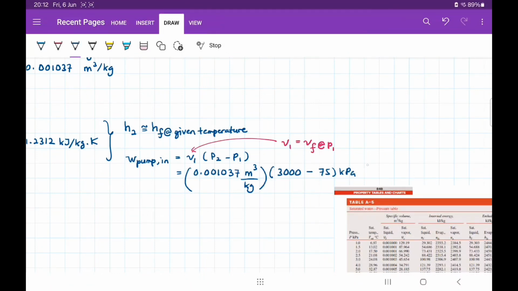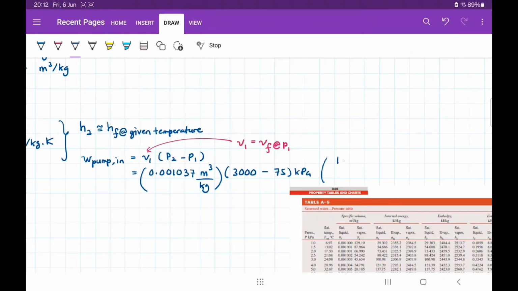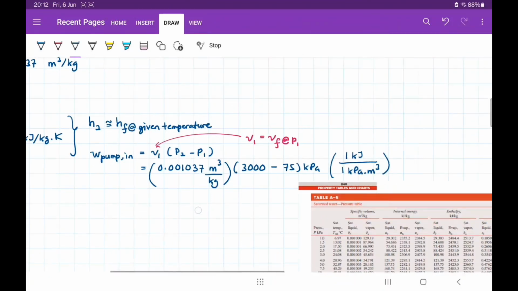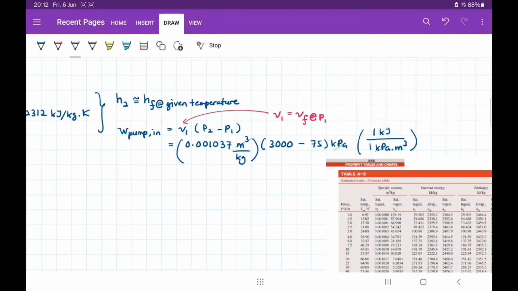Then I multiply with the conversion factor 1 kilojoule over 1 kilopascal meter cube. When I check on the units, this cancels out and this cancels out, so I have kilojoule per kg, which is the unit of work per unit mass.